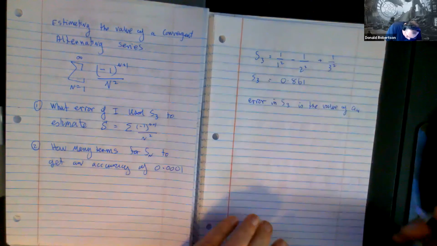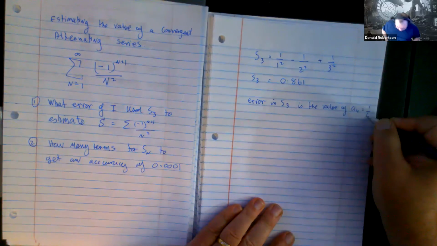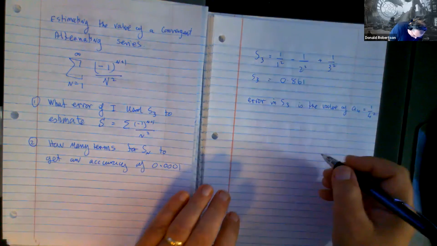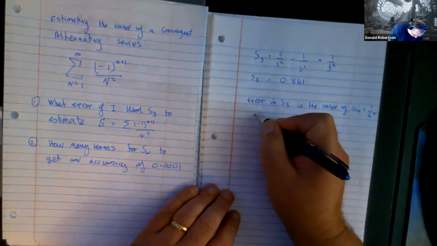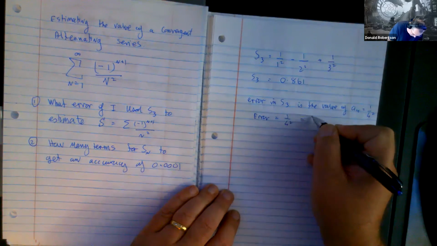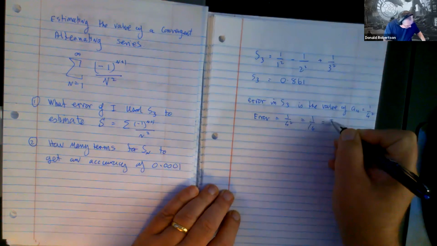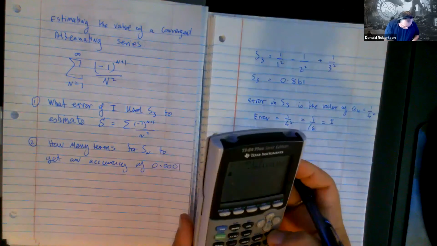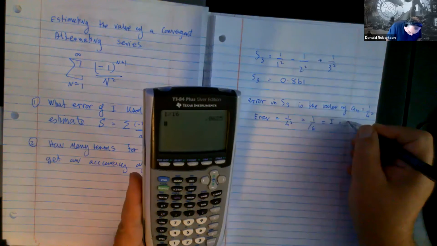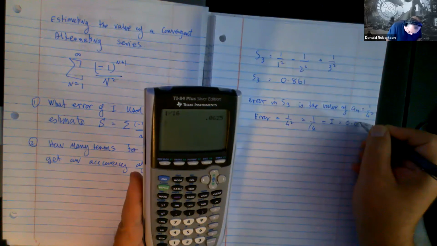Isn't the 4th term going to be plus or minus 1 over 4 squared, which is 1/16, or plus or minus 1 divided by 16. The error is going to be 0.0625.